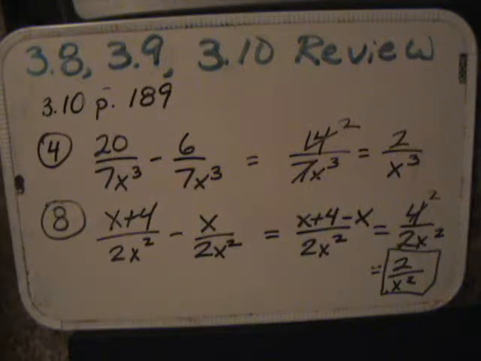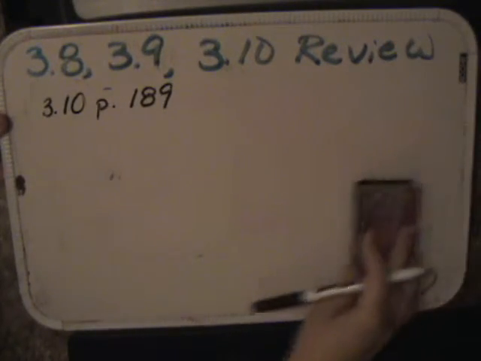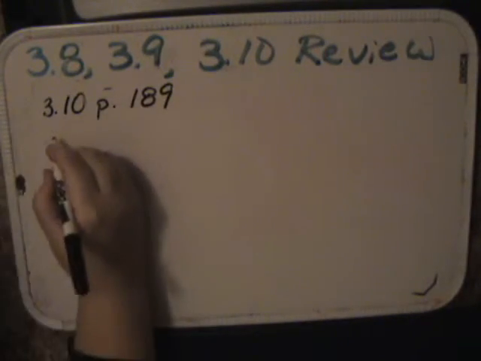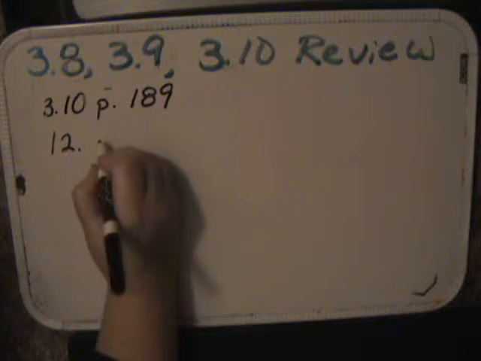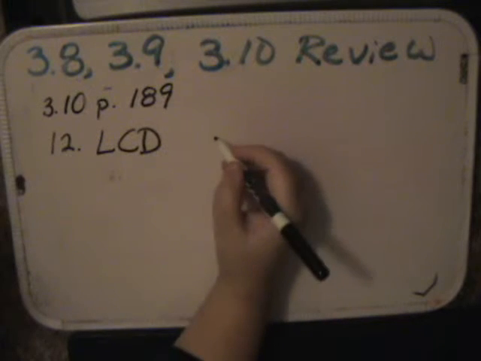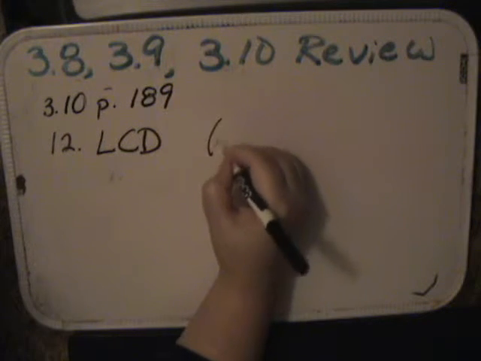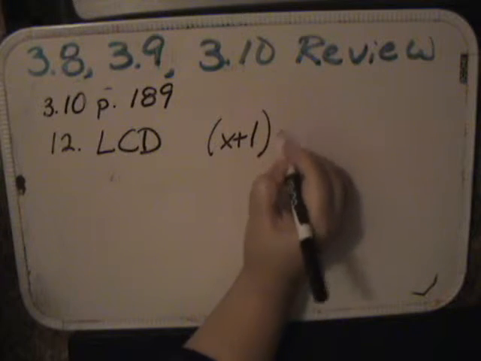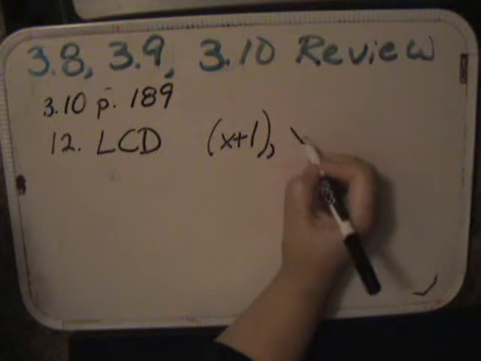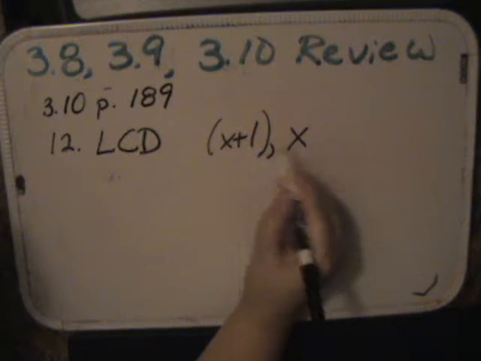Alright, next let's do 12. I'll do every fourth problem. Number 12 says find the LCD of these two numbers, and the denominators on the two are x plus 1, and then the other denominator is x. The LCD of these two, they have no like factors.